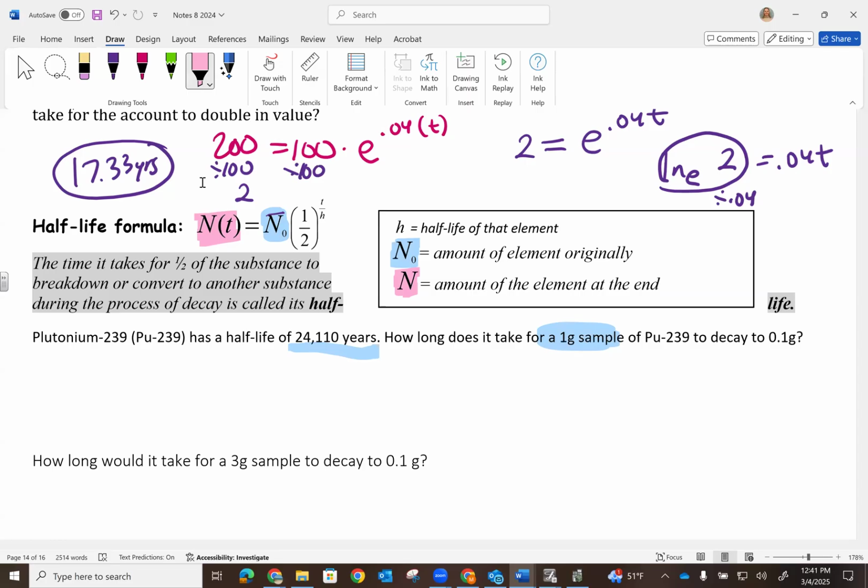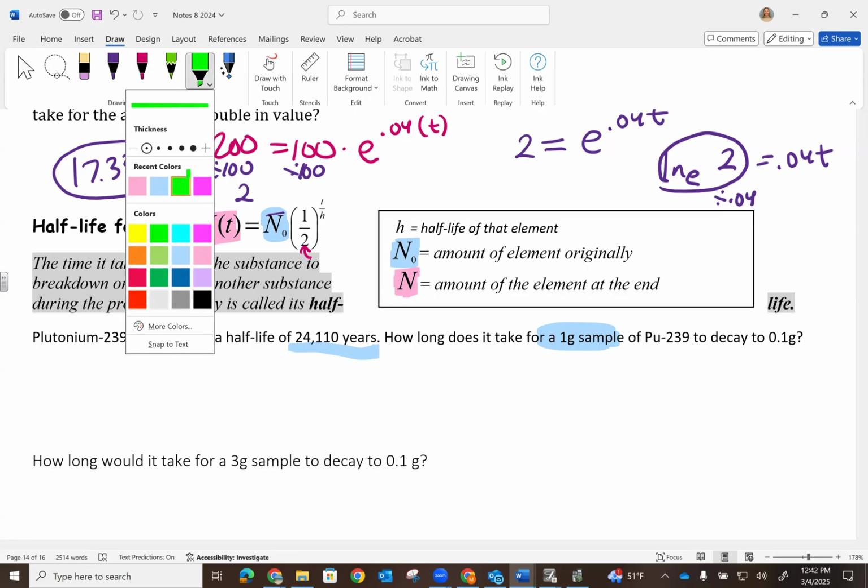Now notice this decay factor right here is always a half. Our radioactive material, or how much vitamins or how much Advil we take, is reducing by a half. So that's always a half, and it's going down because that's smaller than 1. And then the exponent is actually time.